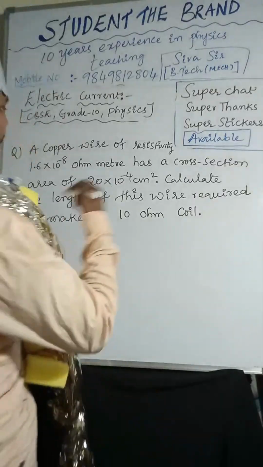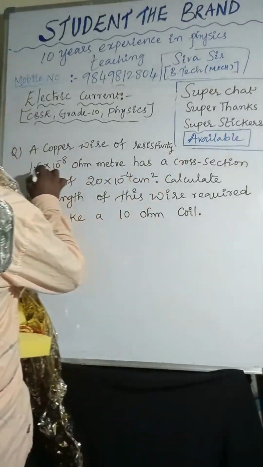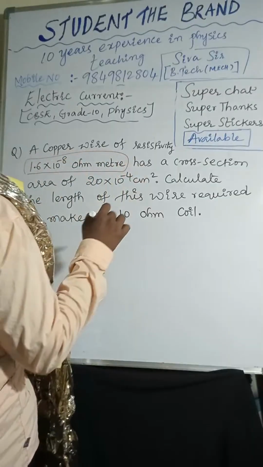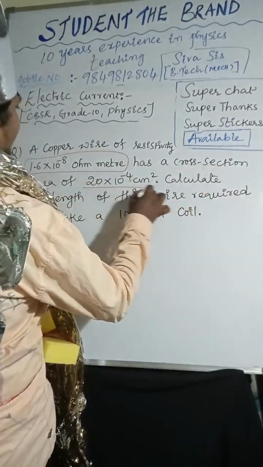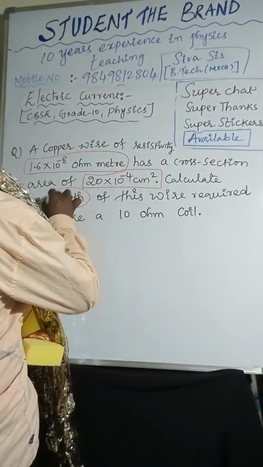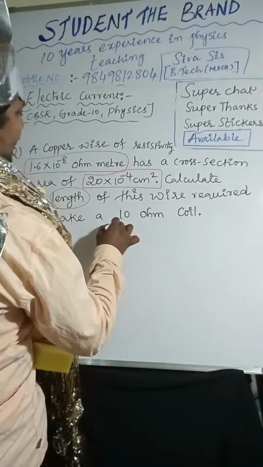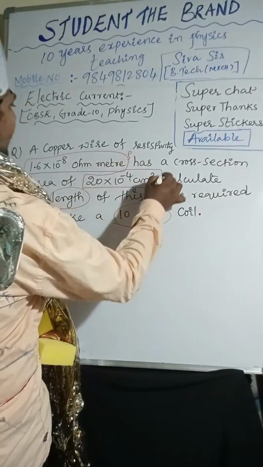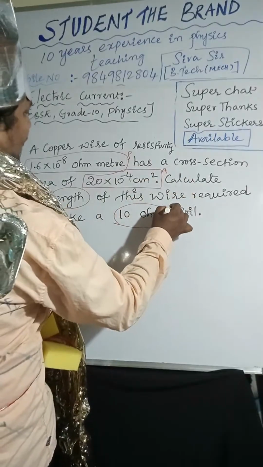Here you can see a copper wire of resistivity is given. Resistivity is 1.6 into 10 power minus 8 ohm meter. Cross sectional area is given. Calculate the length. Length we have to find out. Resistance also given. So this is the resistivity rho, area of the cross section A and R.